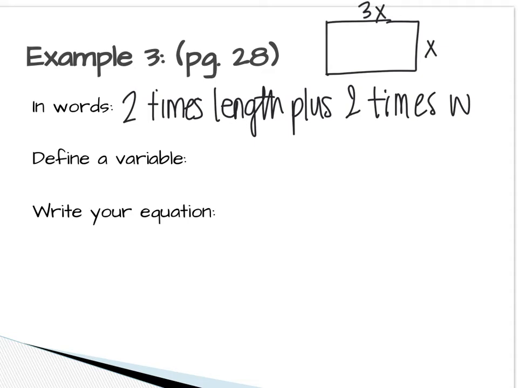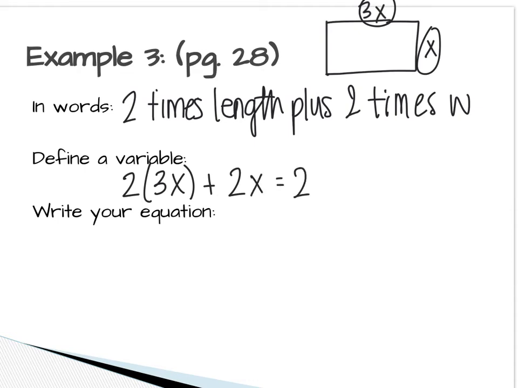And for length and width, it says to define a variable, but we've already been given variables. So we're just going to use those. So the length is 3x. So we're going to do 2 times 3x plus 2 times the width, x, is 200.